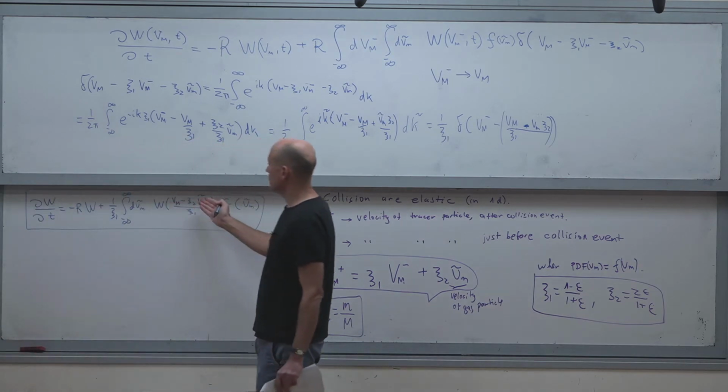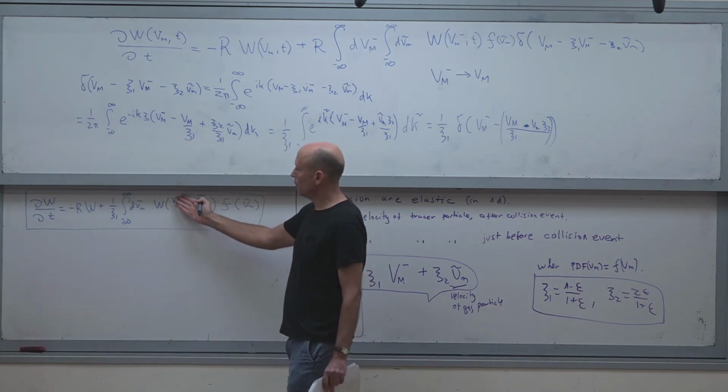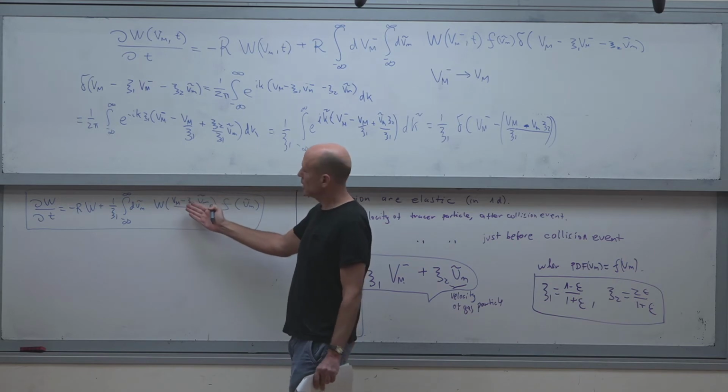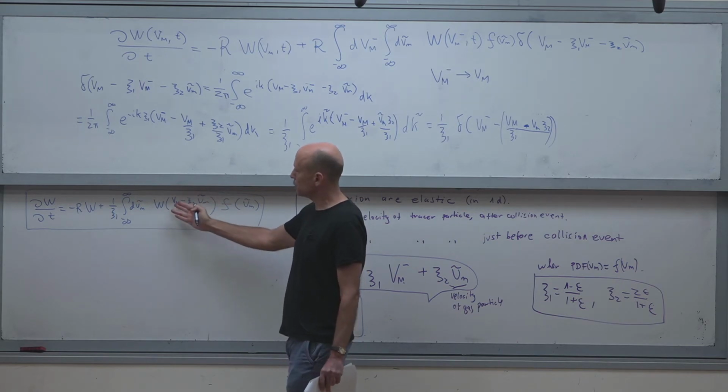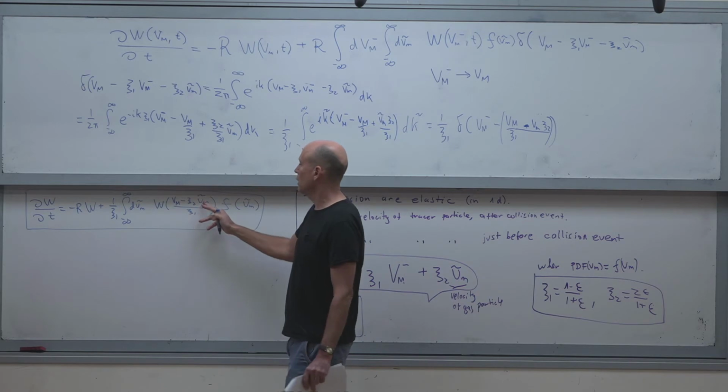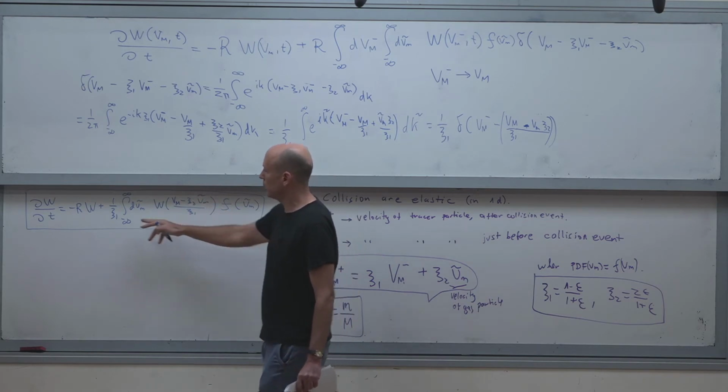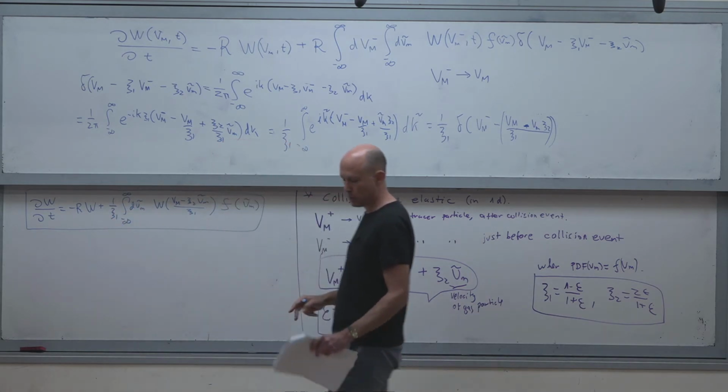So what I did here essentially is I wrote Vm minus in terms of Vm after the collision given by this thing, and I gained this 1 over psi1 from the Jacobian.